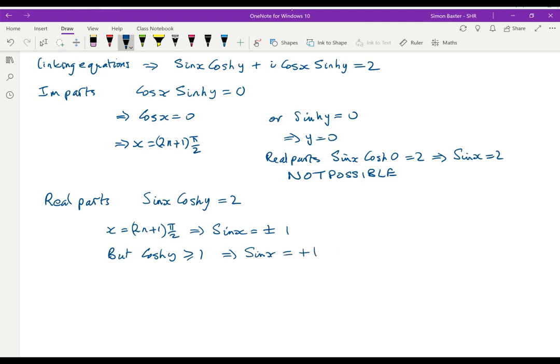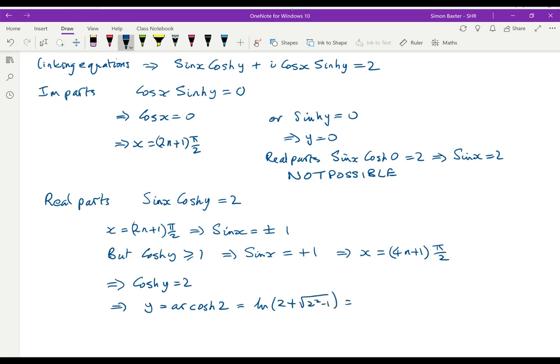If sin x is plus 1, then x has to be pi by 2, 5 pi by 2, 9 pi by 2, etc., 4n plus 1 pi by 2. In which case sin x is 1, cosh y therefore has to be 2. And so y is equal to arccosh 2. Logarithmic form is log 2 plus root 2 squared minus 1, which is log 2 plus root 3.